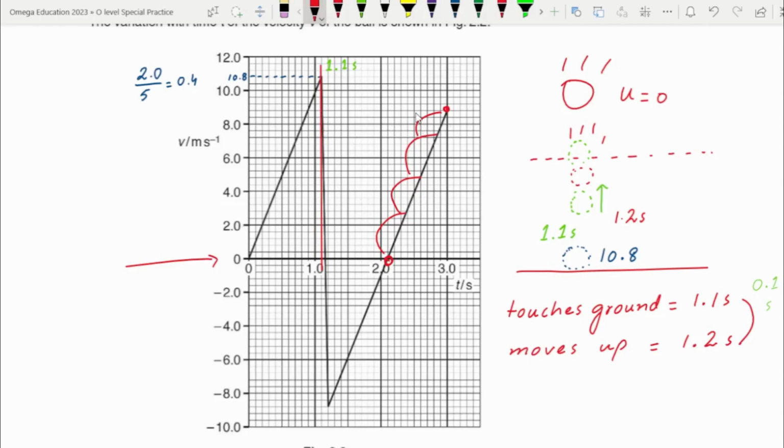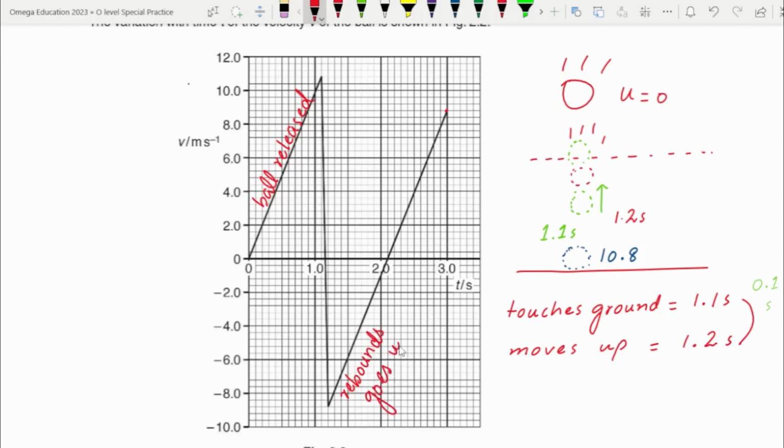So if I remove everything and draw once again, I try to represent the situation here. From 0 to this point, this part represents the ball being released from the height, and this is a point where the ball rebounds and goes up.